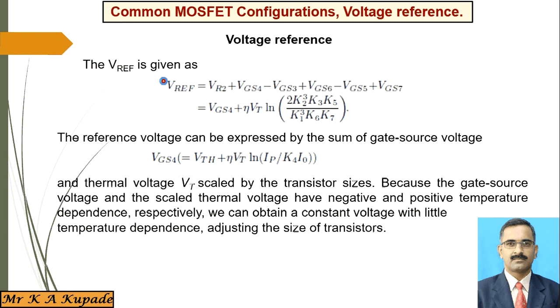Just remember this V reference, which is obtained from that, and it can be expressed by summing all the gate source voltages. That summation of the gate to source voltage is given as VGS4, right? So by using that we can obtain this. Getting my point?